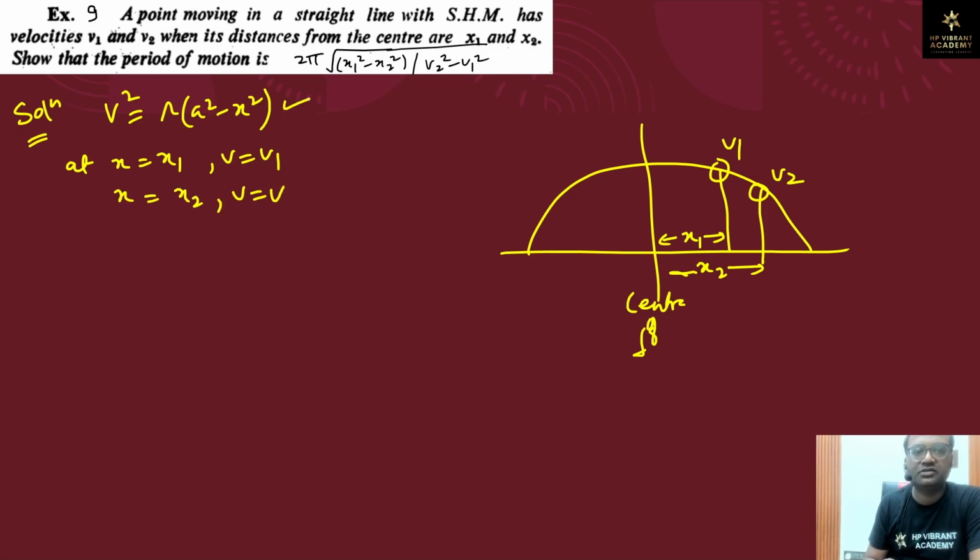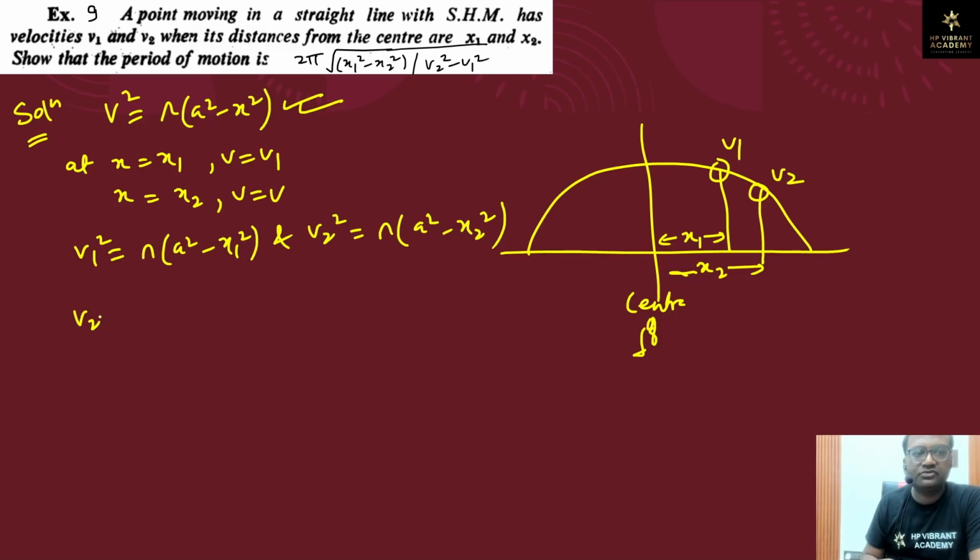Let us put this in the equation. So we have v1 square is equal to mu into a square minus x1 square, and v2 square is equal to mu into a square minus x2 square. Let us find v2 square minus v1 square. We will subtract these equations: this is equation 1, this is 2, this is 3.